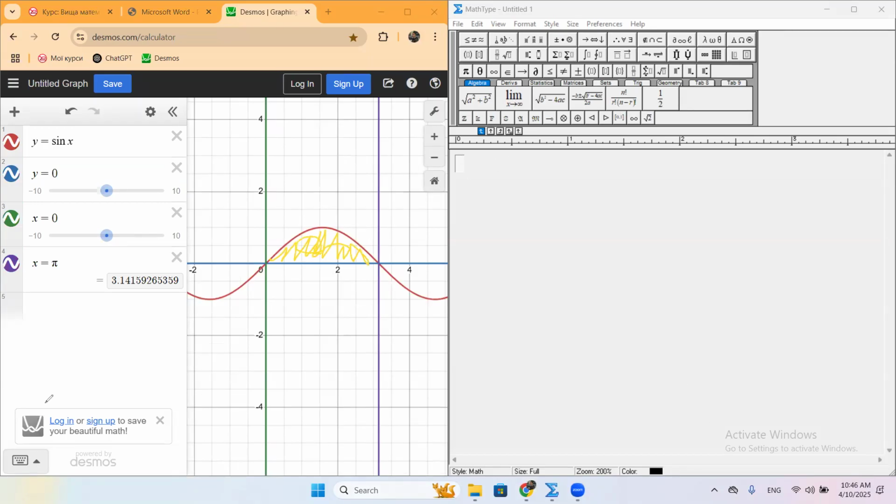So let's first of all describe this plate, and then we will do other stuff. So x from 0 to pi, and y from 0 to sine of x. So we just assigned limits of integration.